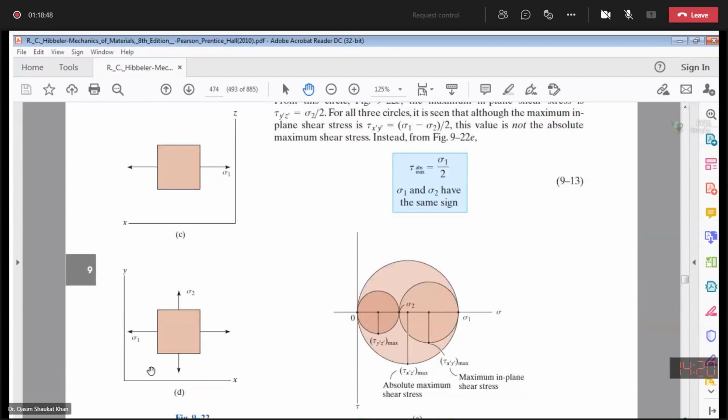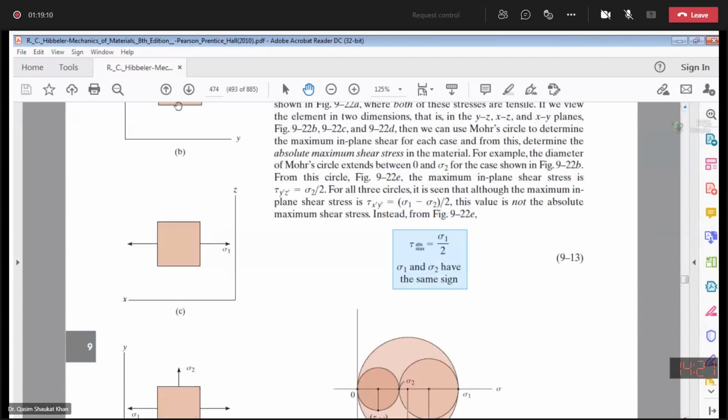In the x and y plane, along the x-axis you have sigma 1, whereas along the y-axis you have sigma 2.